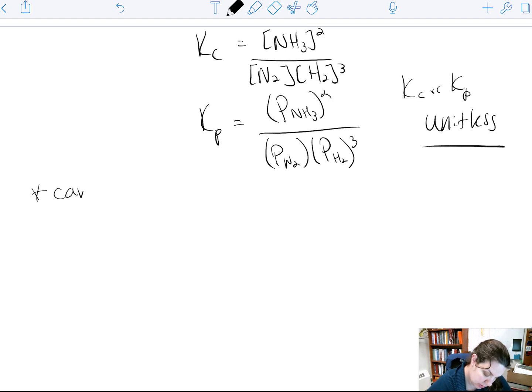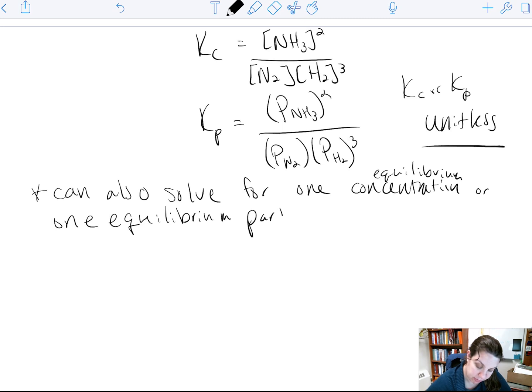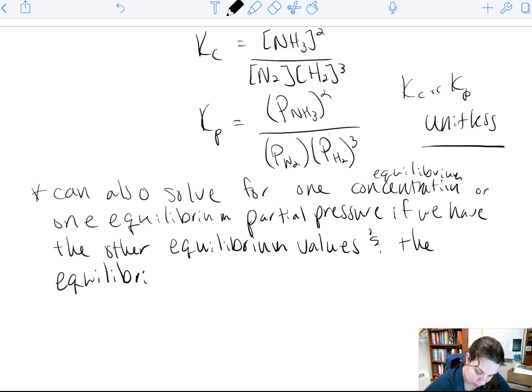So we can solve for one equilibrium concentration specifically, or one equilibrium partial pressure, if we have the other equilibrium values and the equilibrium constant.